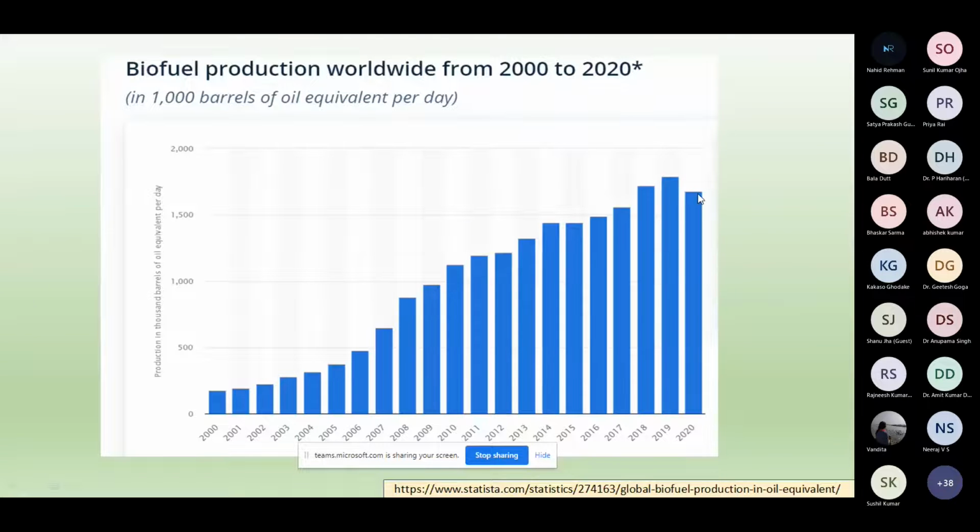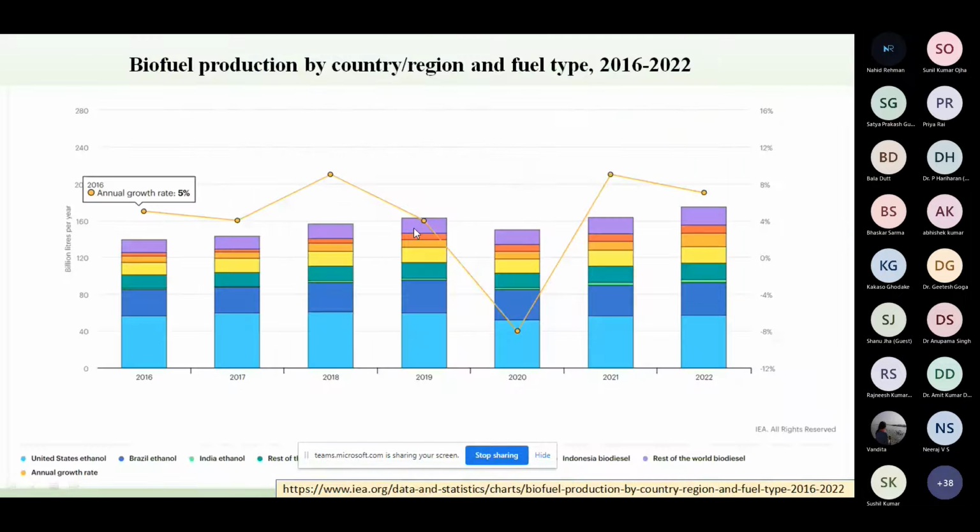However, in 2020, there is a decline in the production. So this is what we have already shown and discussed, the annual growth rate which was achieved. In 2016, it was a 5% annual growth rate.